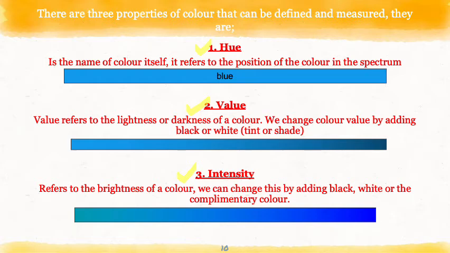We can also call this saturation. So if the color is very bright, then it is well saturated, but if it is very dull and quite dim, then it is desaturated and does not have any intensity to it. Okay, so these are the properties that you can use to describe colors.